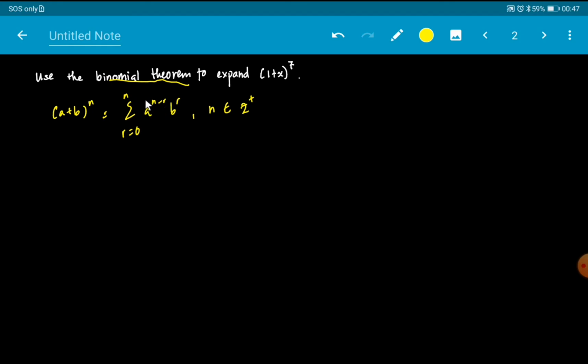I think you remember this binomial from binomial probability when you were in Form 5.